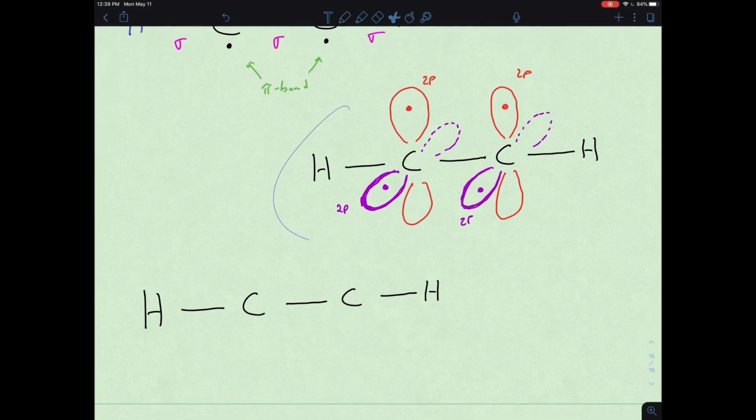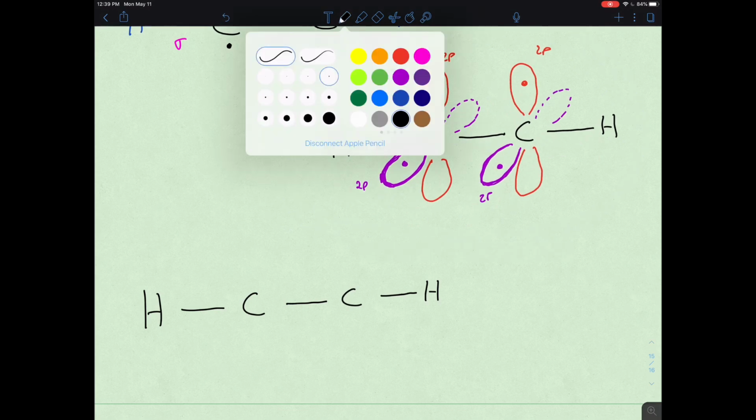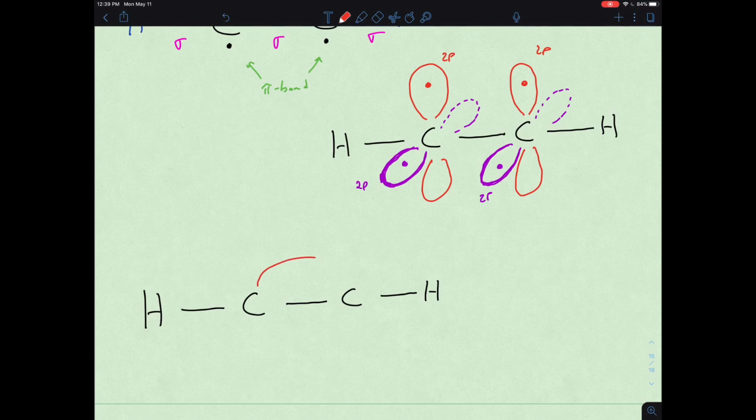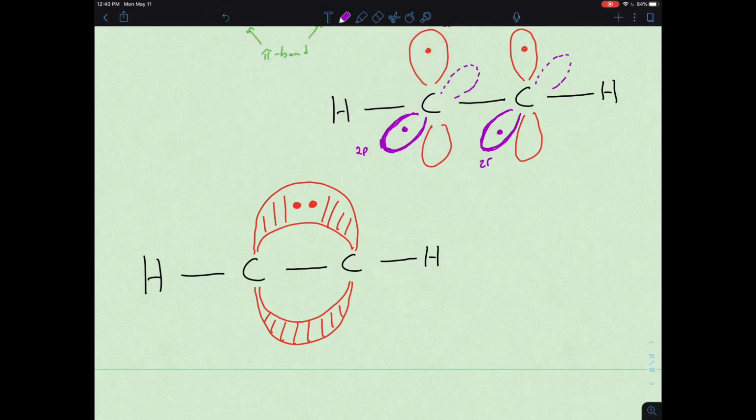So we have the red set that overlap above and below. And then we have the very much harder one to draw here, which is coming out and going back.